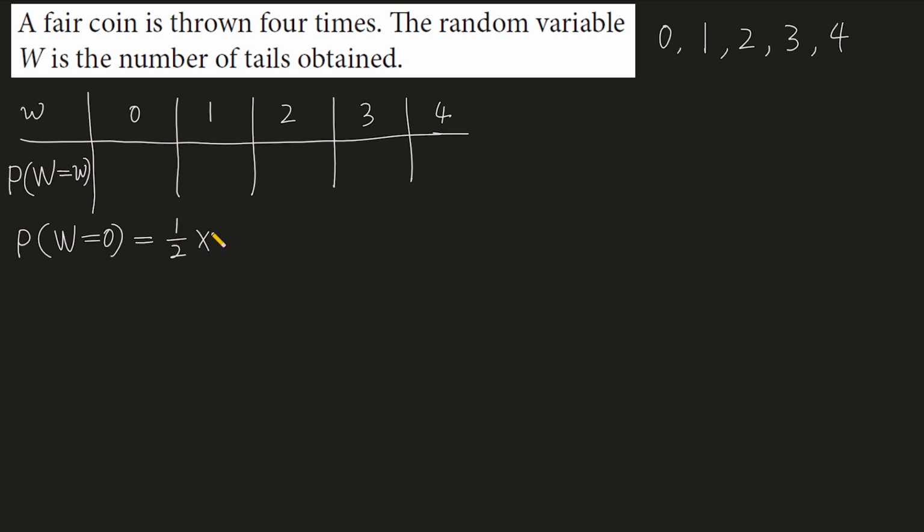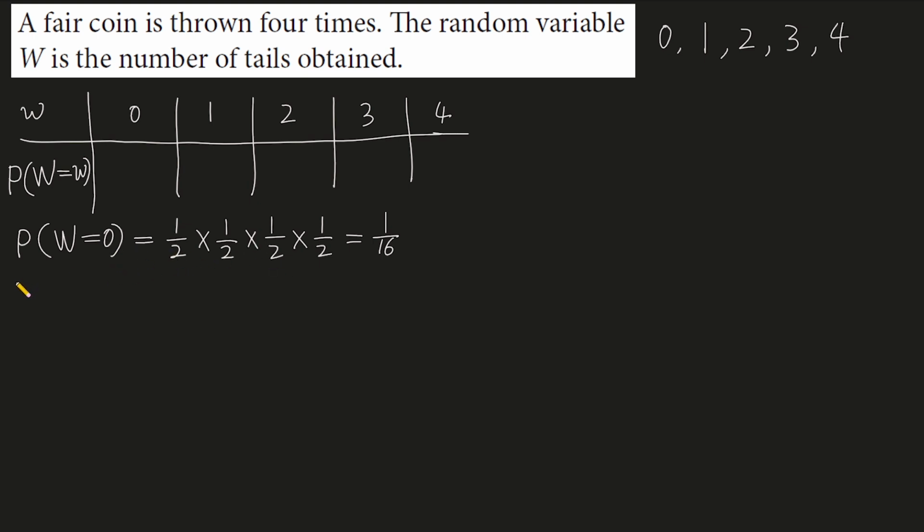The probability to get head on the second time is 1/2. The third time 1/2. The fourth time 1/2. We multiply the four 1/2 together. This equals 1/16. So this is the probability that the random variable equals 0.